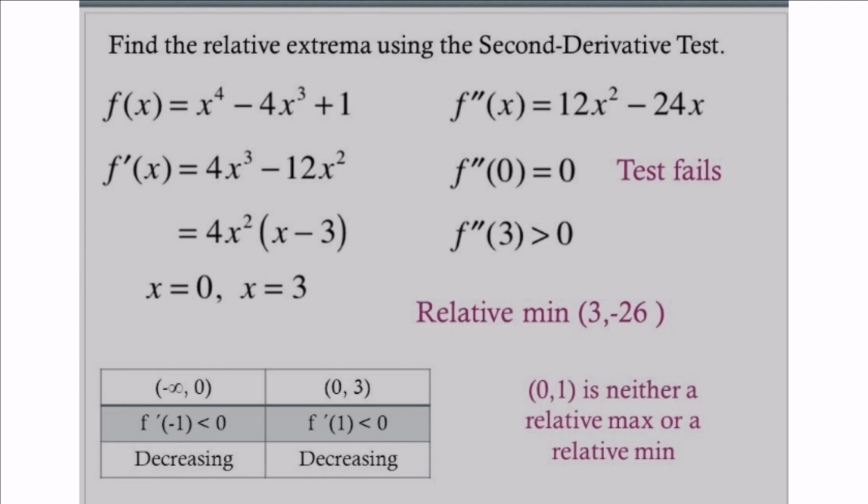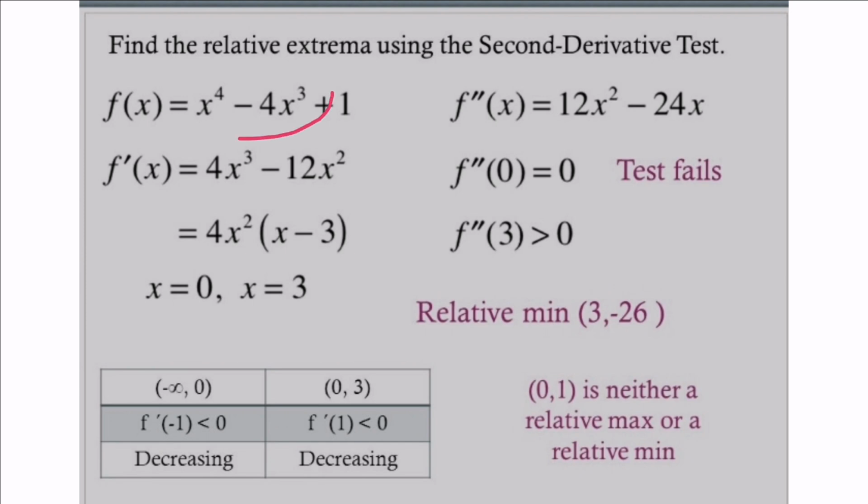Now by taking the first derivative, x power 4 becomes 4x power 3 by using the power rule.